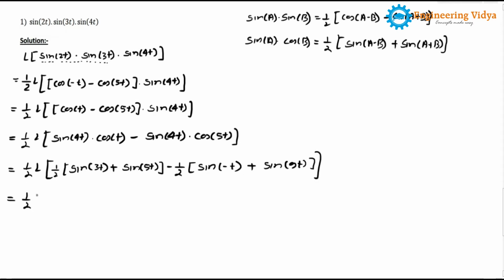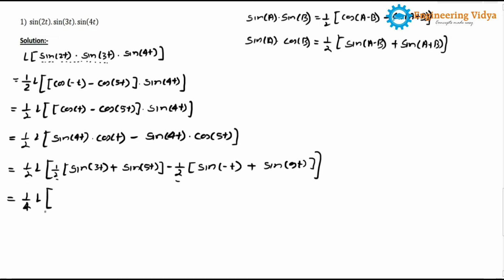Here we have 1 by 2, and here also we have 1 by 2, so we can take 1 by 2 as common. The 1 by 2 outside multiplied by 1 by 2 will be 1 by 4.